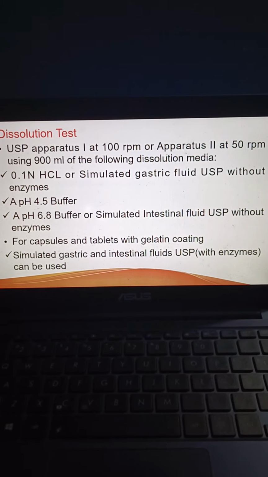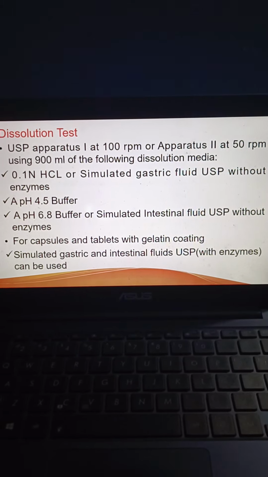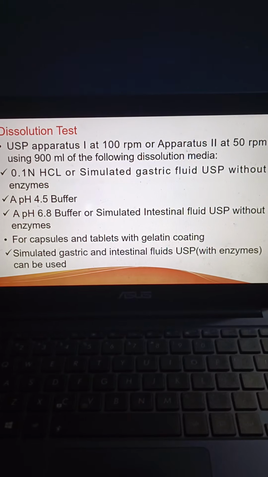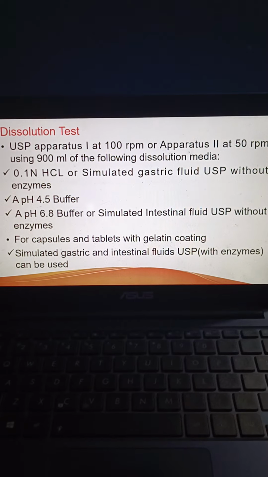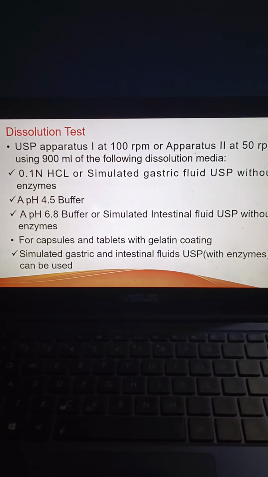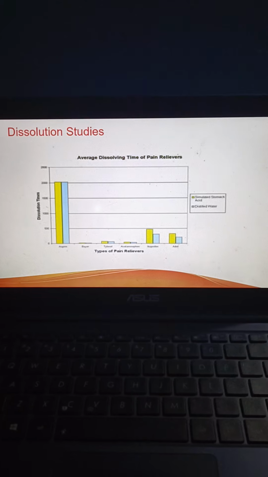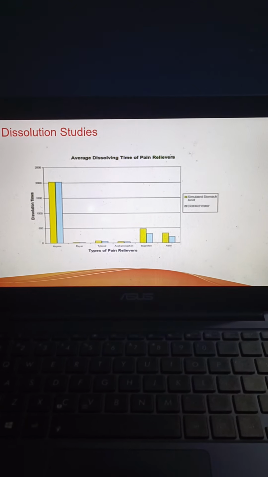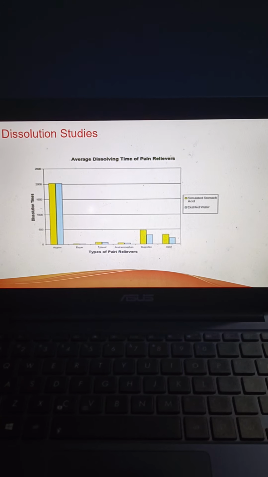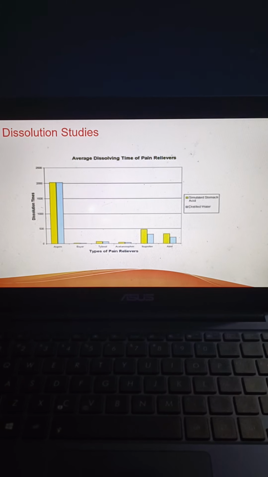For capsules and tablets with gelatin coating, simulated gastric and intestinal fluids USP with enzymes can be used. Then dissolution studies: average dissolving time of pain relievers and dissolution times, types of pain relievers.